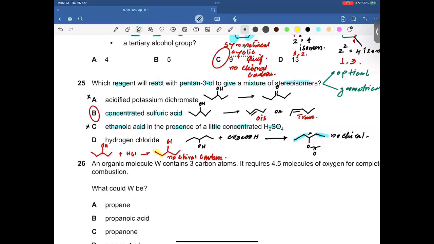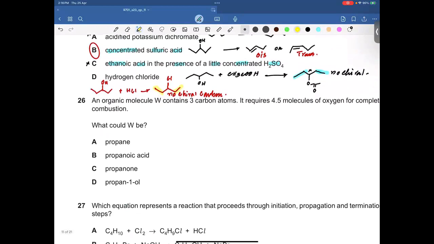This group and this group are the same. So I think B is going to be the right answer because through concentrated sulfuric acid, we are getting geometrical isomers, that is cis and trans.